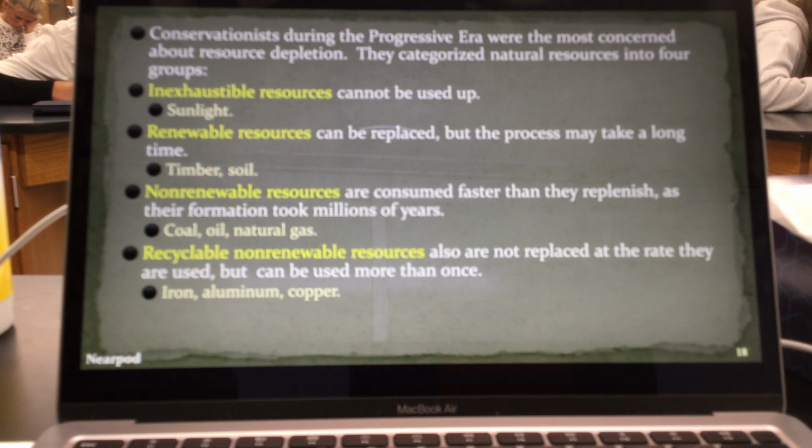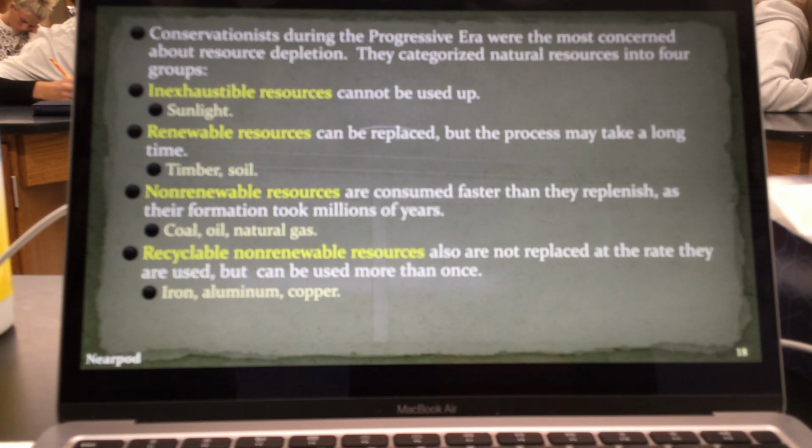If you continue to use coal, oil, and natural gas at a high rate, we can't sustain that at the pace that we're growing. And then the last one here is recyclable, renewable resources. They're not replaced at the rate that they're used, but they can be used more than once. So your metals, your precious metals from the ground are the example we're talking about. Iron, aluminum, copper are examples.